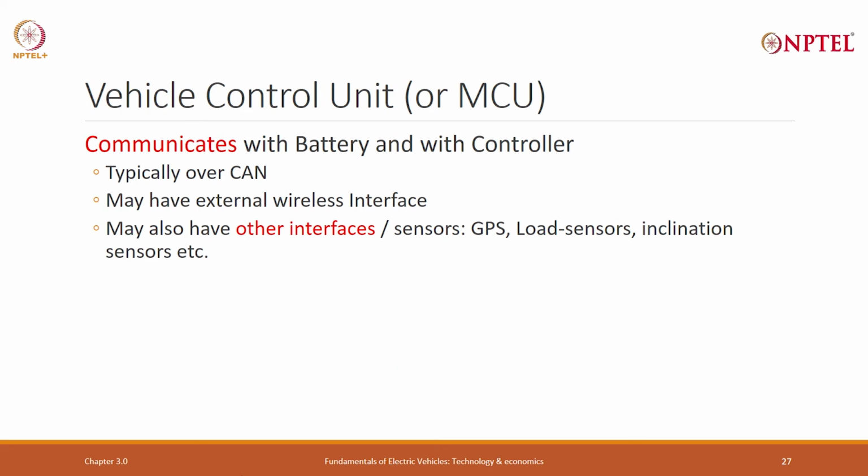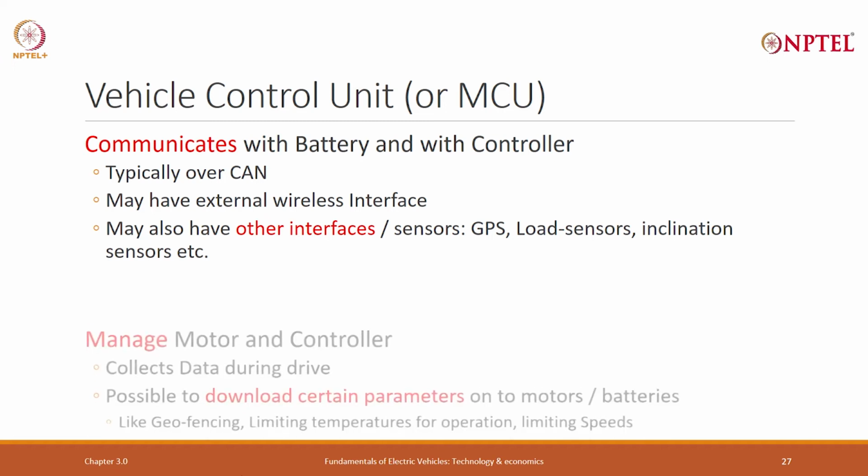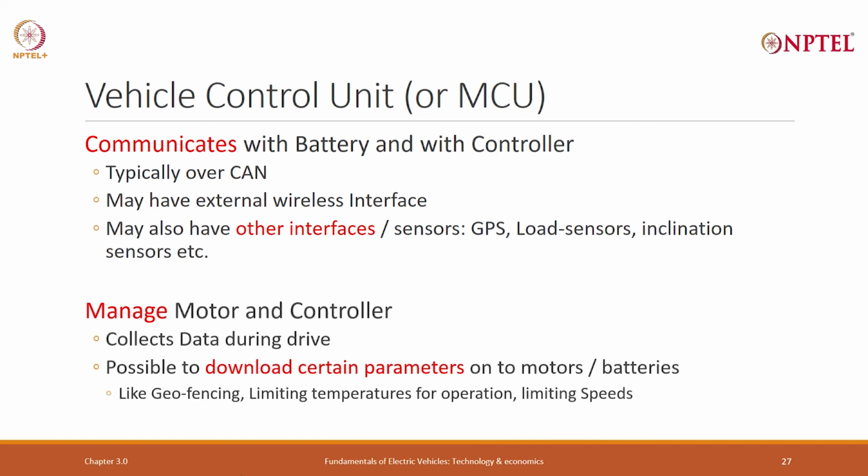There is also another very important unit, the vehicle control unit, sometimes called MCU. It communicates with the battery and controller, typically over a bus called CAN bus, and may have external wireless interfaces, and other interfaces like sensors, GPS, load sensors, installation, etc. Then this vehicle control unit can manage the motor and controller, collects data during drive, and it is possible to download all these parameters, including of motors and batteries, to a central location, and you can do things like geofencing, limiting temperature of operation, limiting speeds and all those things.